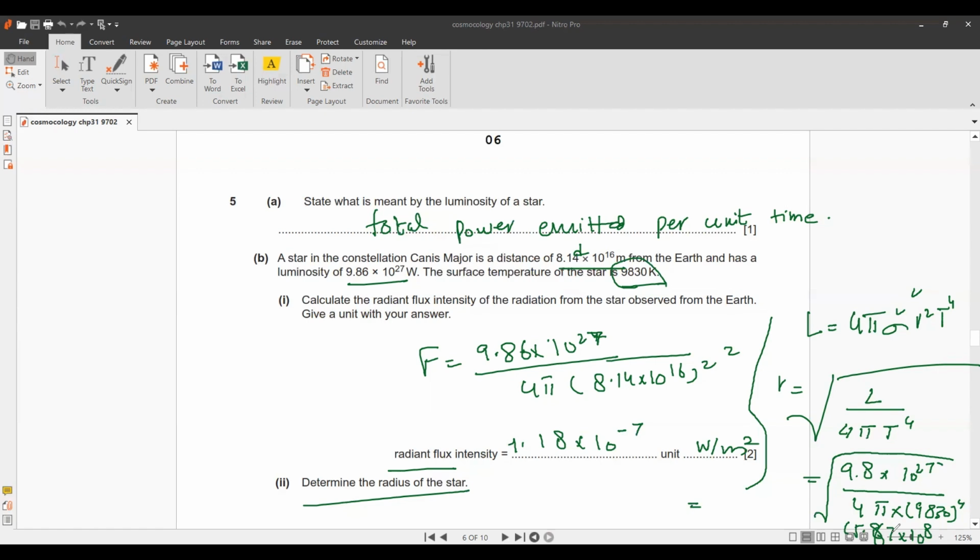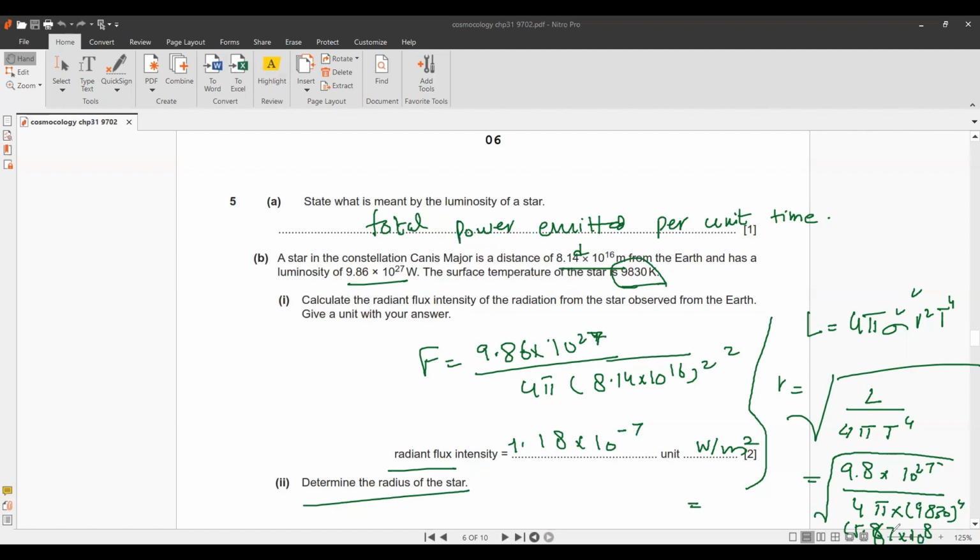The luminosity is 9.86 power 27 over 4 times pi times 5.67 exponent minus 8 into 9830 power 4, and the square root.